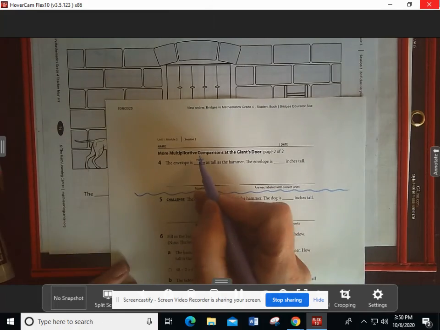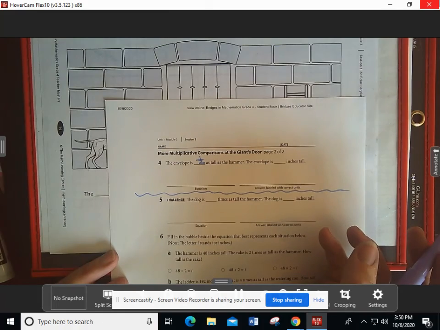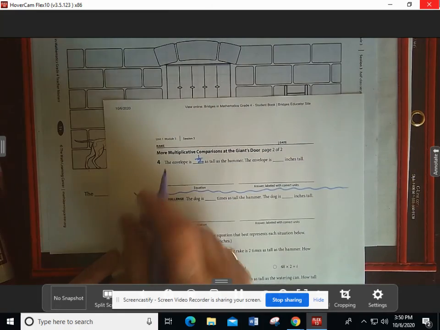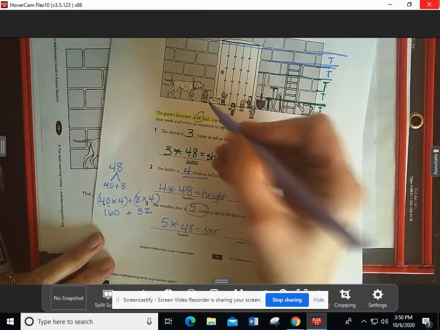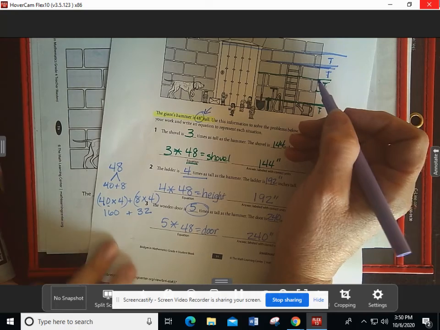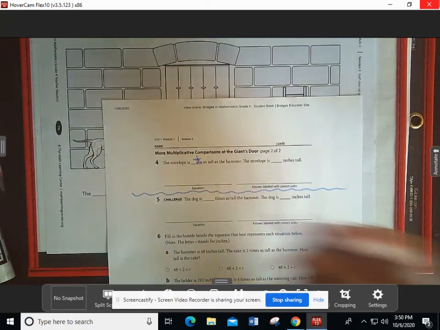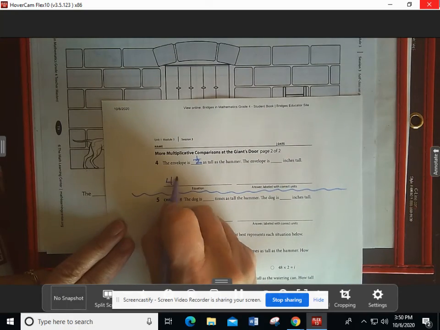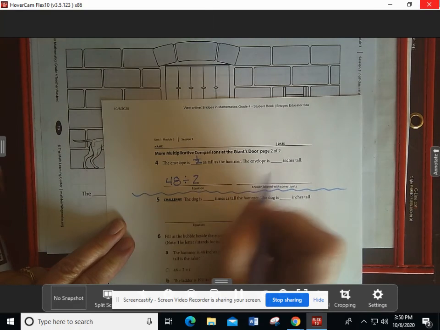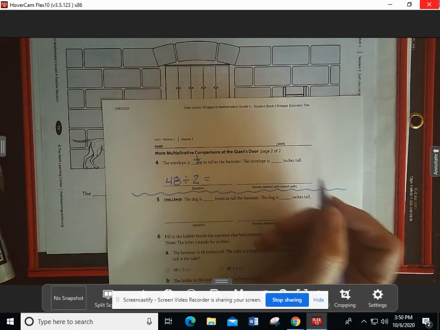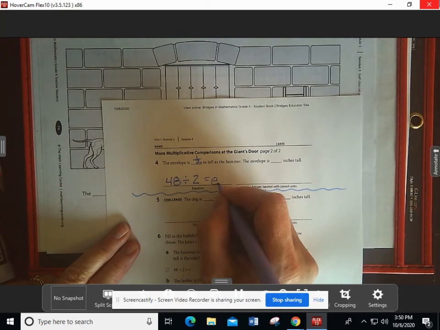So if we have 1/2 of something, it's been divided. What is our number we've been working with this whole time? We've been working with the 48 inches because that's how tall the hammer is. So we're doing 48 divided by 2 because we need to cut it in half equals the envelope.